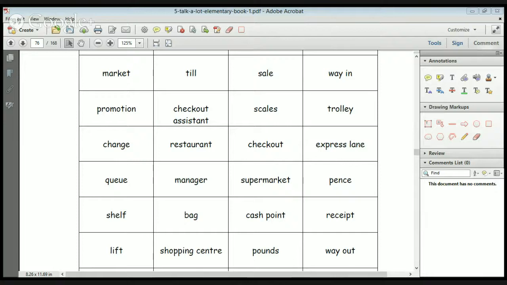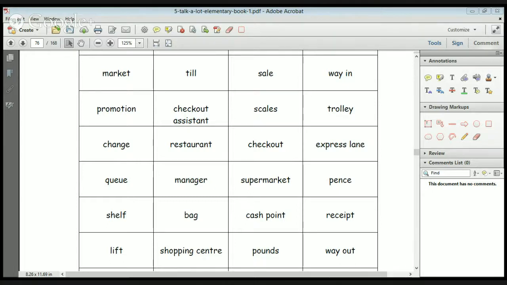In English words, the most important syllable is the stressed syllable. We focus on the stressed syllable. For example, in the word trolley, the first syllable is stressed. Trolley. We don't say trolley, but trolley.